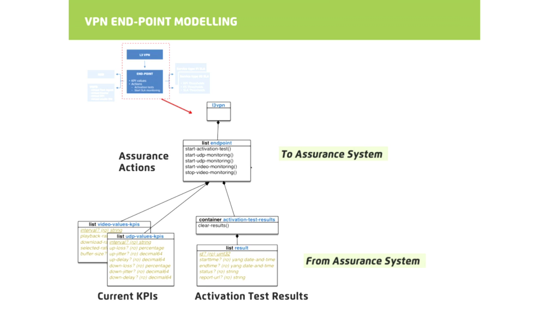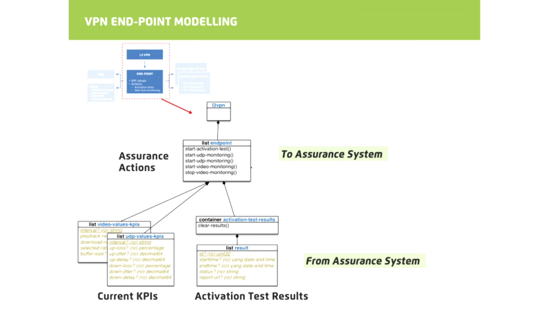You have an endpoint. That endpoint should have assurance actions. So you have actions on your individual endpoint to trigger activation tests, to trigger monitoring. These are actions in the data model that are sent to the assurance system, which Mats will describe pretty soon.